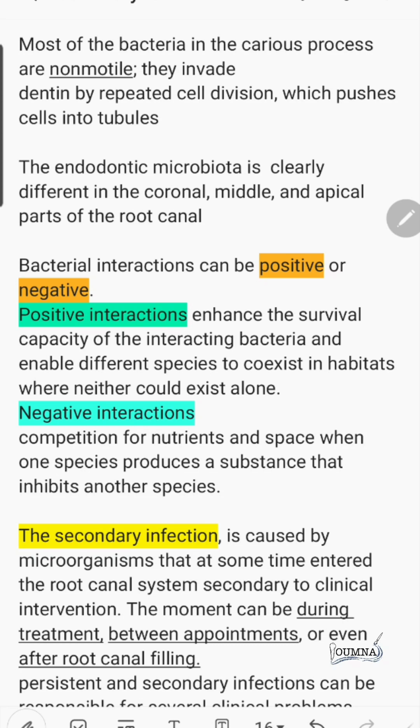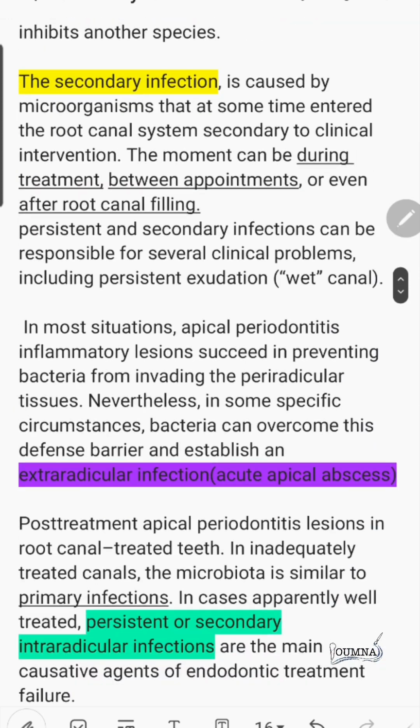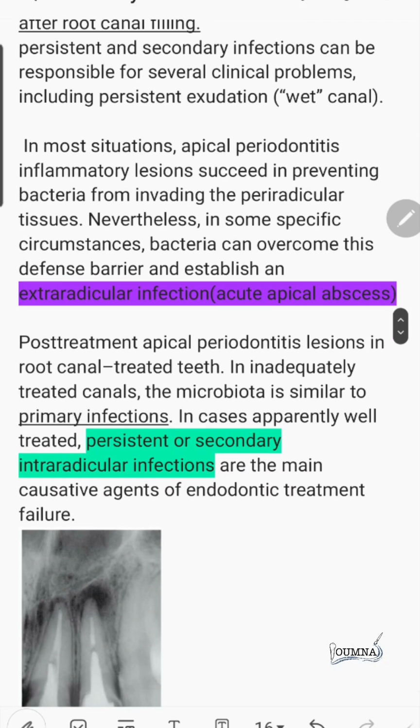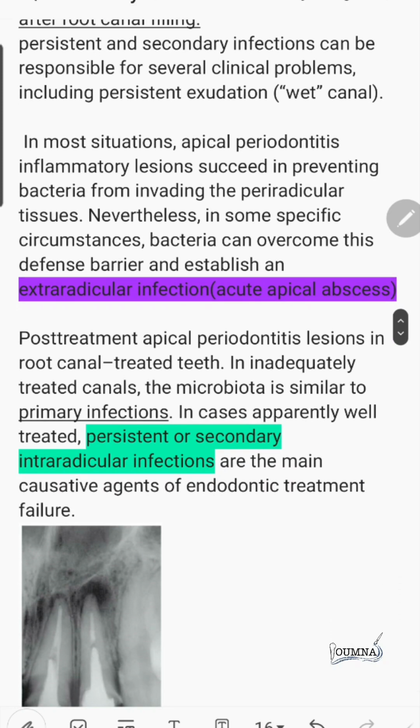The secondary infection is caused by microorganisms that at some time entered the root canal system secondary to clinical intervention. The moment may be during treatment, between appointments, or even after the root canal filling. Persistent and secondary infections can be responsible for several clinical problems, including persistent exudation, the wet canal.